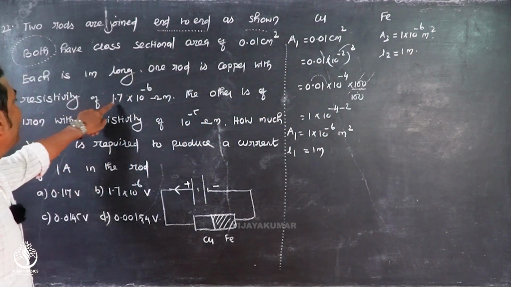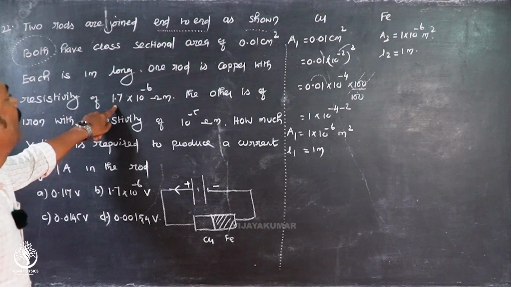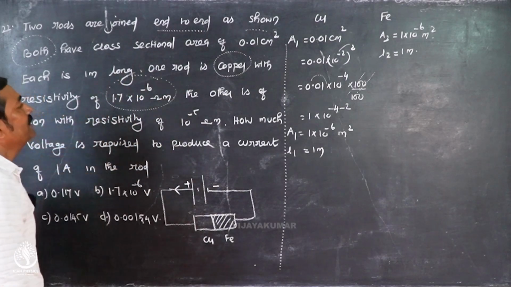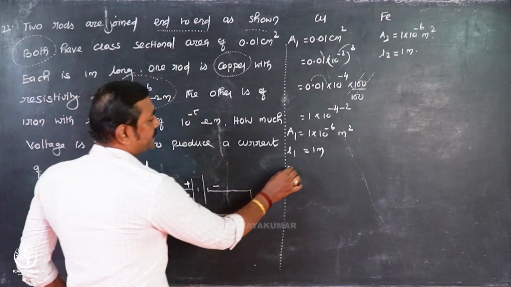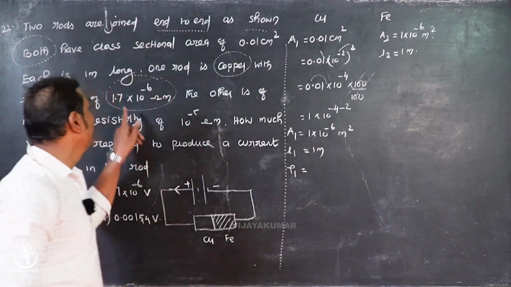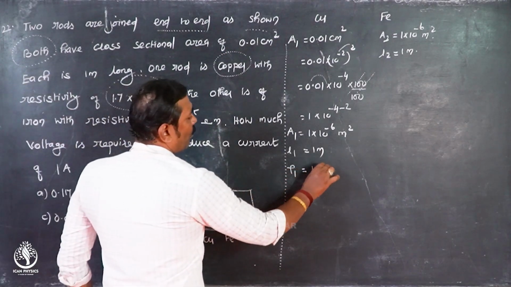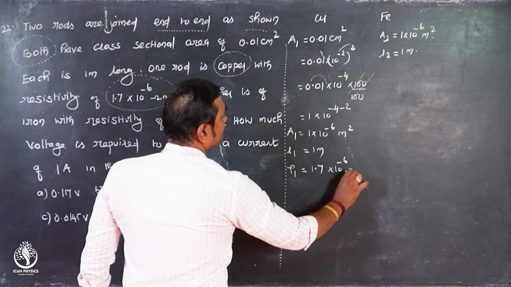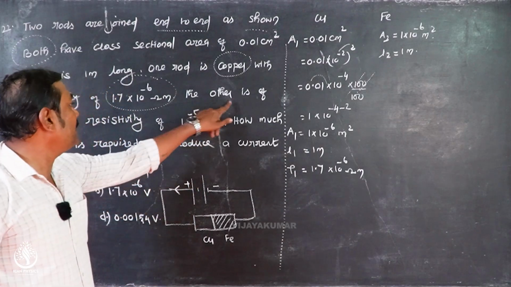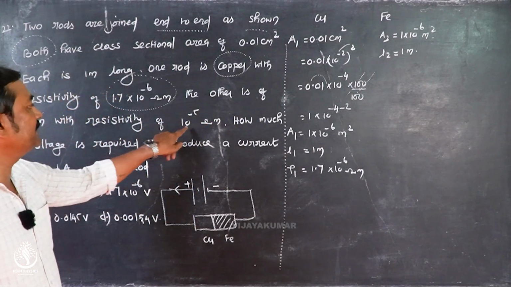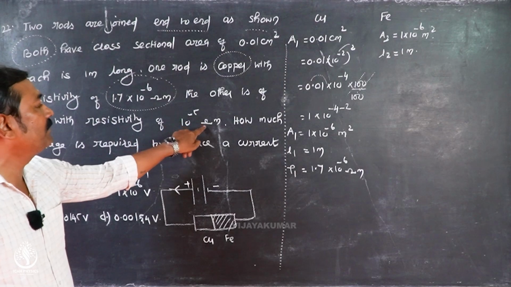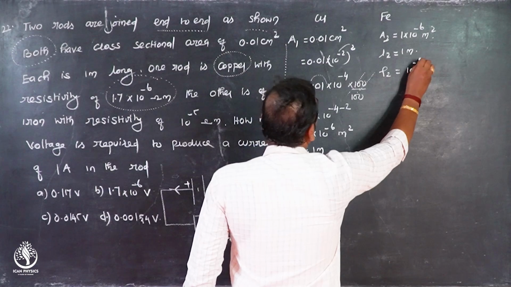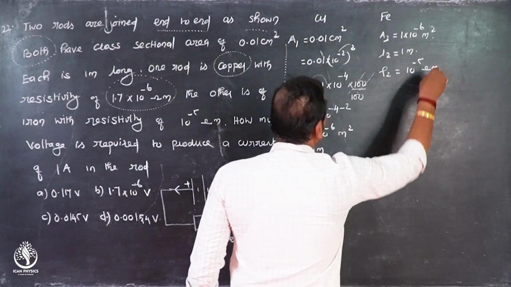One rod is copper with a resistivity of, so the resistivity of copper can be taken as rho 1 is 1.7 into 10 to the power minus 6 ohm meter. The other is iron with the resistivity of 5 into 10 to the power minus 5, so rho 2 equals 10 to the power minus 5 ohm meter.